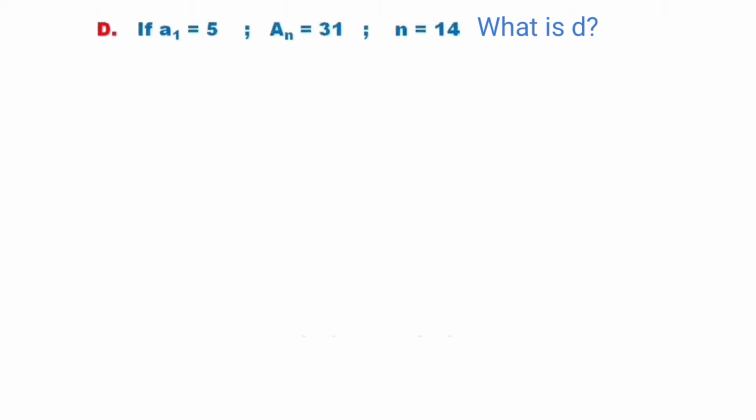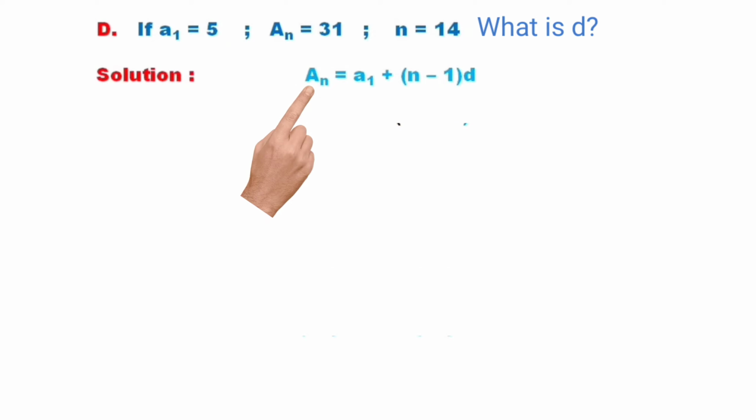Example letter D. If a sub 1 is 5, a sub n is 31, and n is 14, what is the common difference? Just substitute the given values in the formula, or in the equation a sub n equal a sub 1 plus the quantity of n minus 1 multiplied by d.